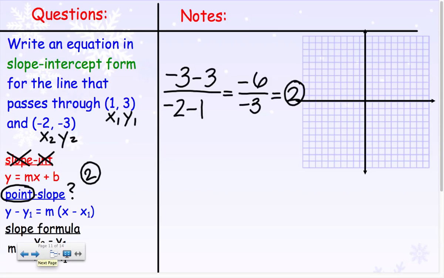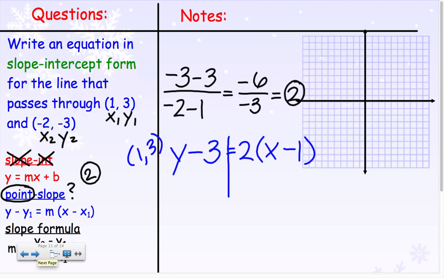Now I've got my slope, so I can put it in point-slope form. The coordinate point that's positive is (1, 3), so that's the one I'm going to use. y minus 3 equals my slope of 2 times x minus my x coordinate, which is 1. Bomb it. 2 times x is 2x. 2 times negative 1 is negative 2.